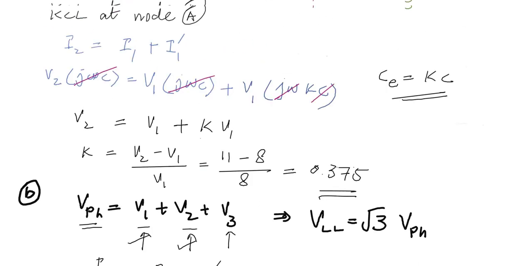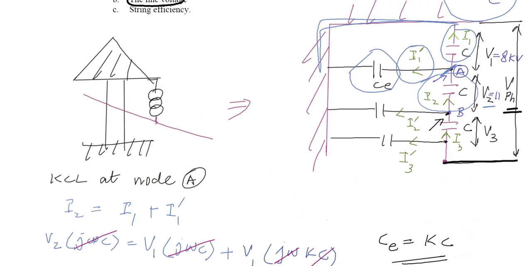Now for I2 bar, we need to see what is the voltage across it. As we can see, between node B and the tower, the voltage is in fact the sum of voltage V2 and V1. We will have exactly the same voltage across the earth capacitance, because earth capacitance is in fact parallel with the C and the C. So we will add their voltages V1 and V2. That will be the voltage across this insulator.